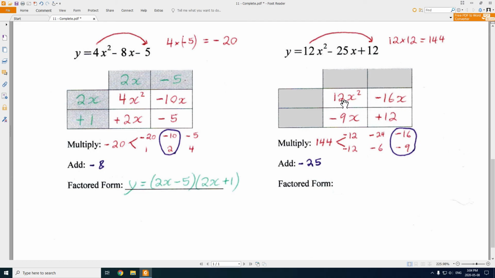First row, is there a common factor here? We want the biggest common factor. So, okay, I can pull out an x and I can pull out a 4, I think is the biggest one, right? I can divide these both nicely by 4. You can divide them nicely by 2 as well, right? But you want the biggest common factors. I think the biggest common factor here is a 4x.